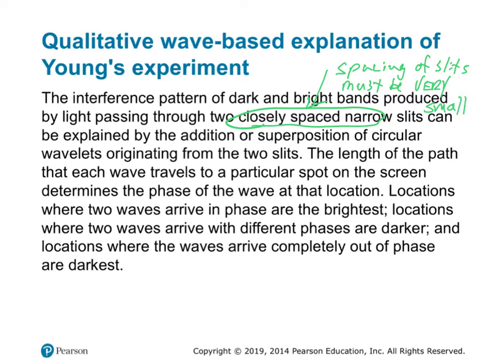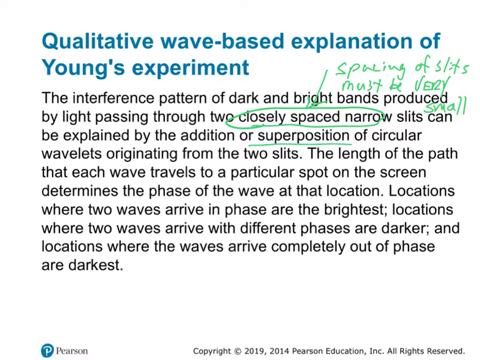If you didn't have very small spacing between those slits, with light which has a very tiny wavelength, you will just see two spots, two rectangles like we would expect to see. So it's only when that spacing gets really narrow do you see this effect of Young's double slit experiment.